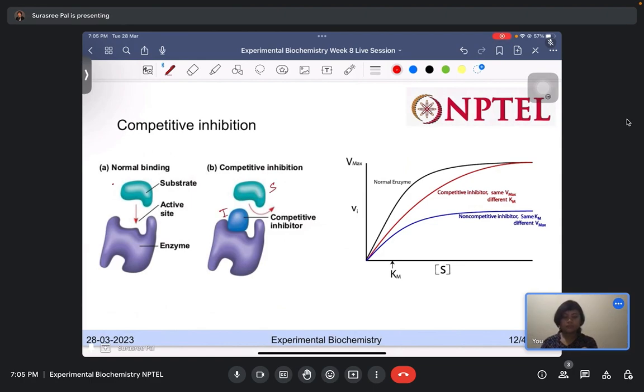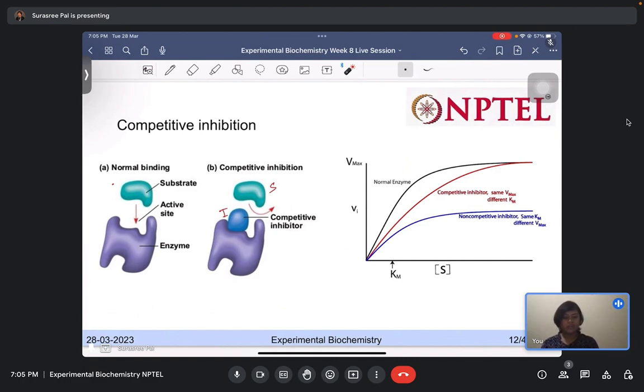There is a competition between the substrate and the inhibitor, because the inhibitor comes and sits at the active site of the enzyme, right? So now if there is an inhibitor, how will the velocity of the enzyme change with respect to substrate concentration?